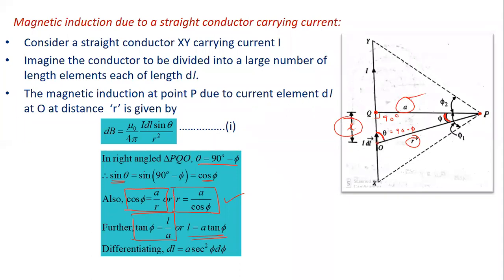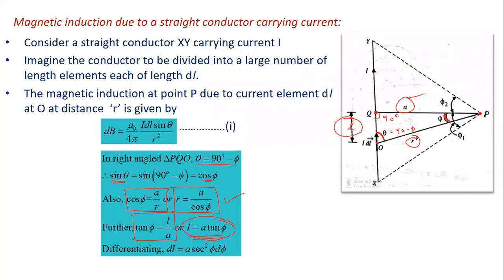After differentiating we get dl is equal to A sec square phi into d phi. In mathematics you come to know how we get the derivative of tan phi, and we already learned some formulas of differentiation in 11th standard in the chapter mathematical methods. So remember, dl is equal to A sec square phi into d phi.